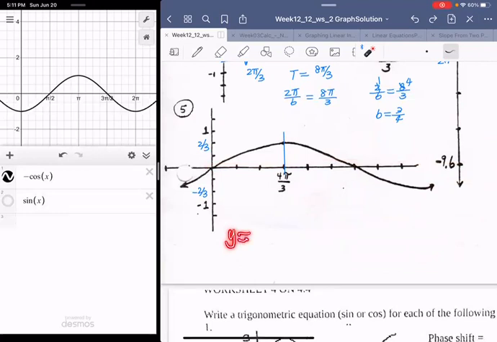It's y equals sine, oh no, sorry, 2 over 3. I thought it was 3 over 8. No, you are talking about b. I'm talking about the amplitude first. Oh, whoops. 2 over 3 sine 3 over 8 x. That's it.